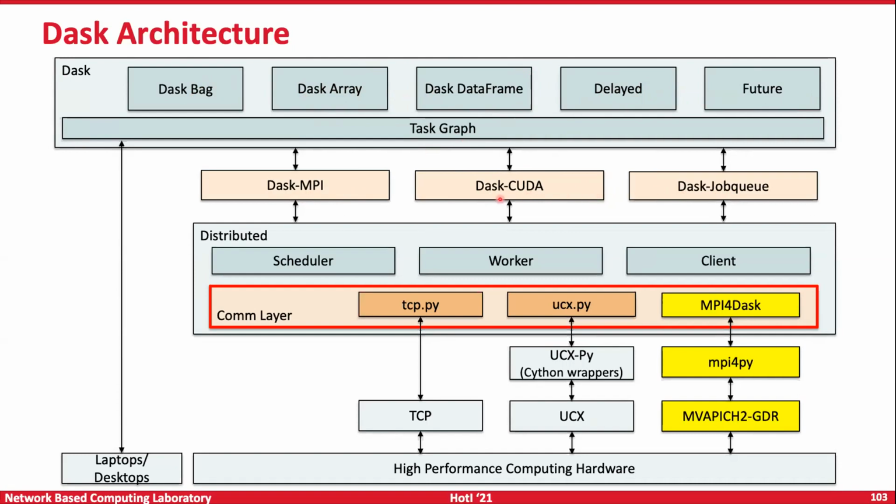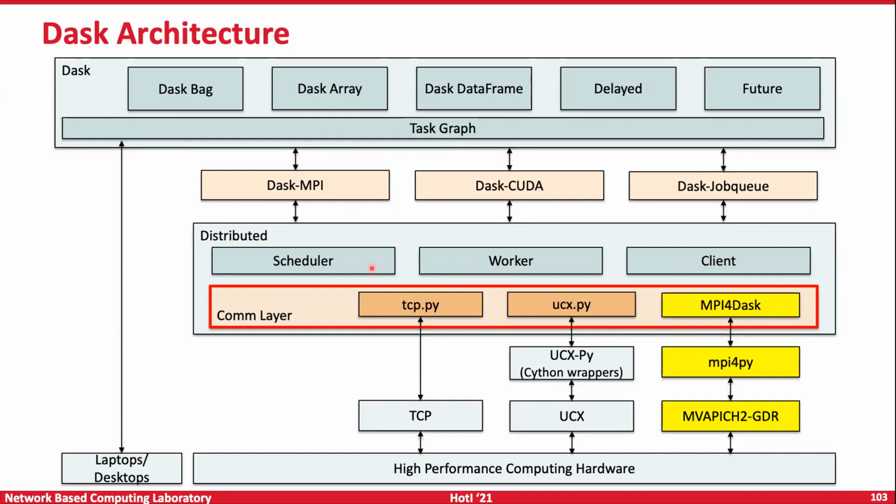on HPC systems. The most important layer in the context of communication devices is the Dask distributed layer. This is the layer which also provides the notion of scheduler, workers, and clients. If you recall from previous material, these are some of the entities that enable parallel and distributed computing using Dask.